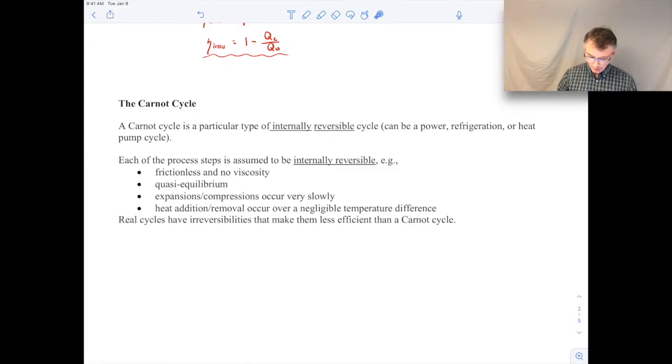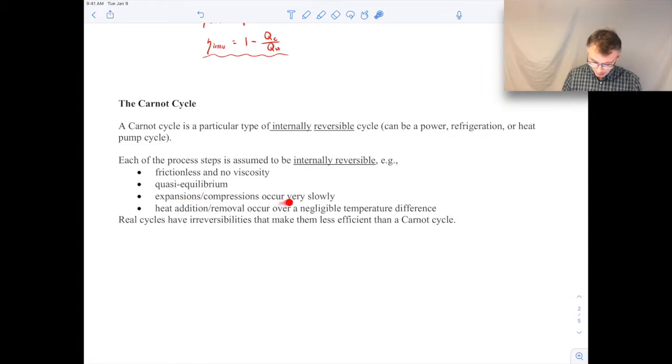Since it's an internally reversible cycle, all the process steps are reversible. That means everything has to be frictionless, with no viscosity in the working fluid. You can't have any energy dissipation there. Everything must be run in a quasi-equilibrium manner, meaning it's always close to equilibrium, operating very slowly, in very small increments. There are no big differences in any of the parameters. For example, when you have a temperature difference, it has to be infinitesimally small so that everything's always close to equilibrium.